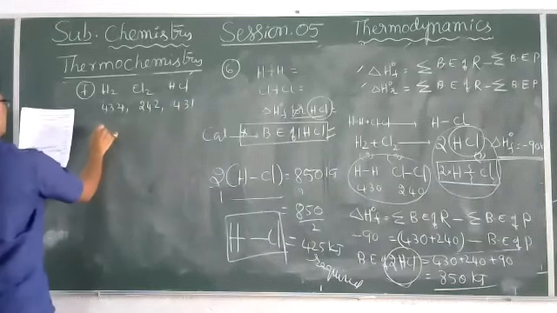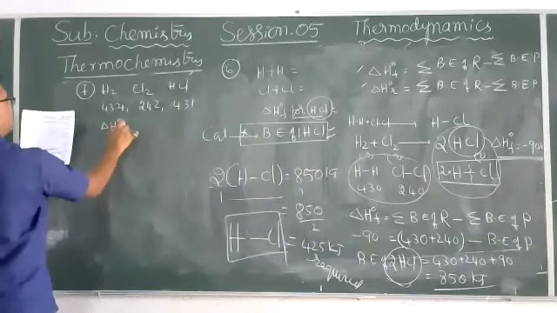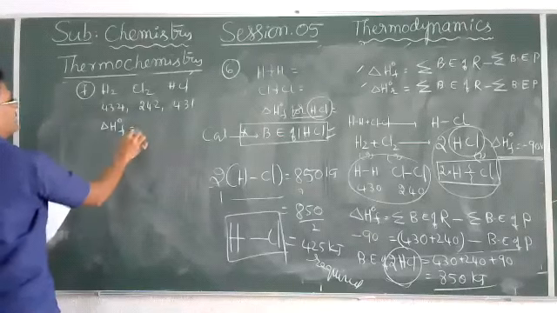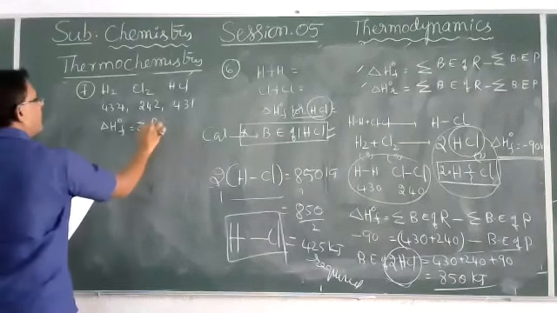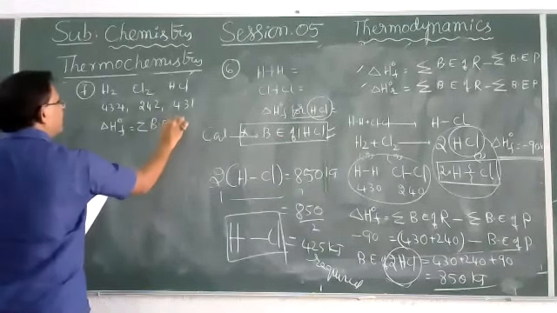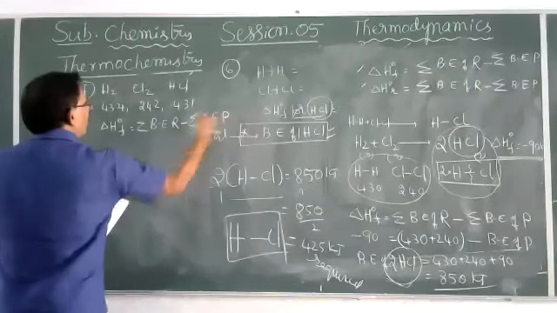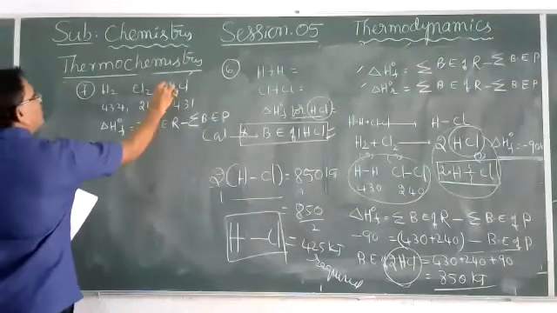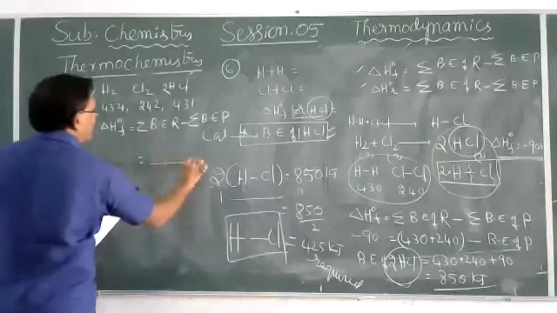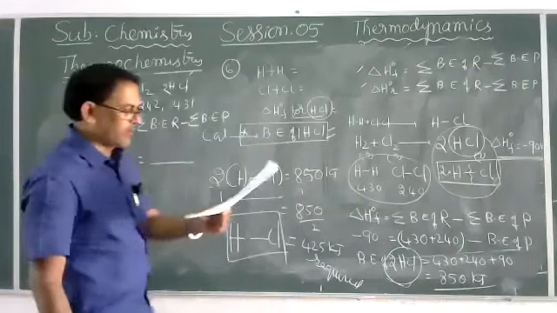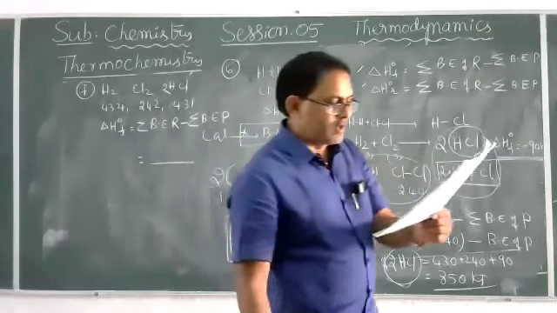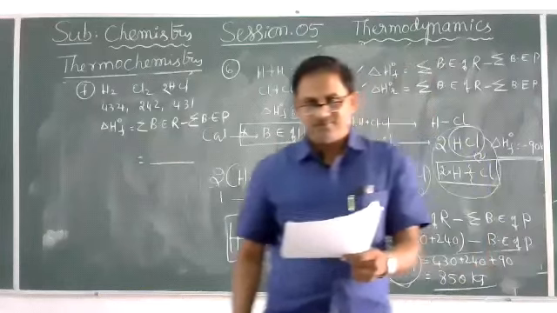Then calculate delta H naught f. The formula is the summation of bond dissociation energies of reactants minus the summation of bond energies of products. Here we will get 2 moles, divide by 2, and we get the answer. That is question number 7, and also question number 11.